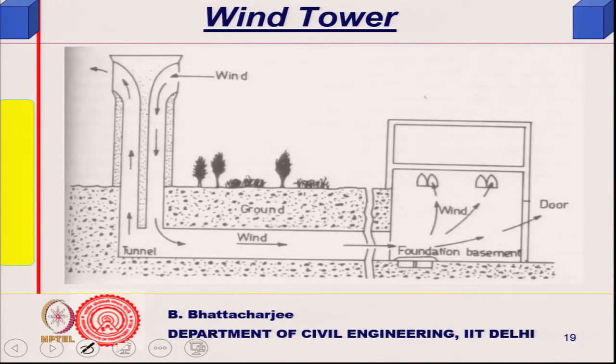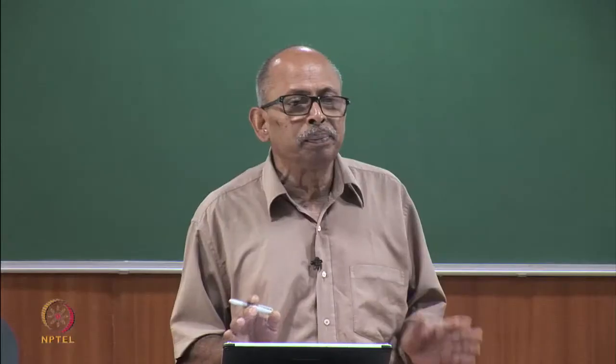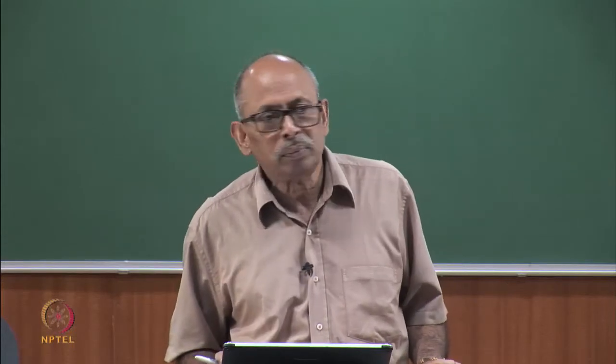And you can actually use a similar tower below the ground. If there is a wind blowing, it will take it in this manner, and this is your space to be utilized, the basement. And one thing you see is that the temperature below the ground is usually constant.